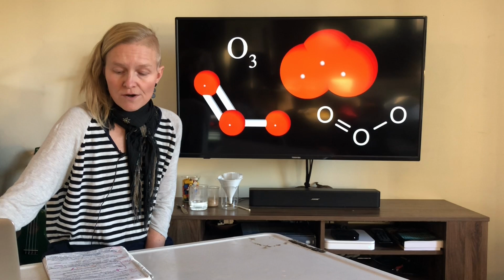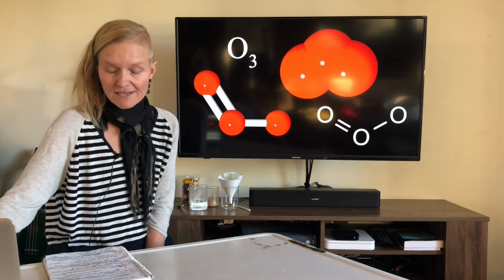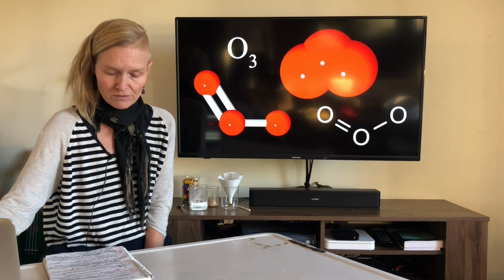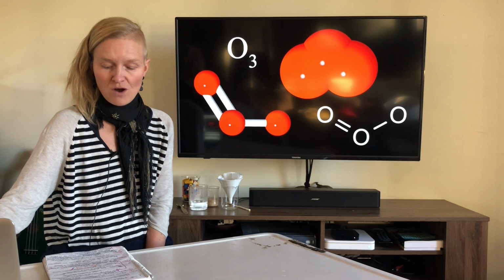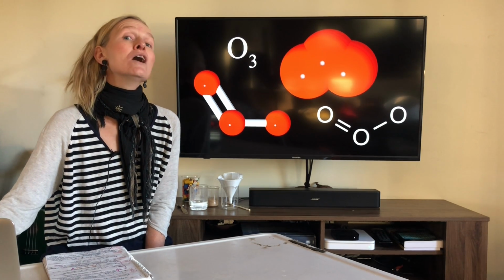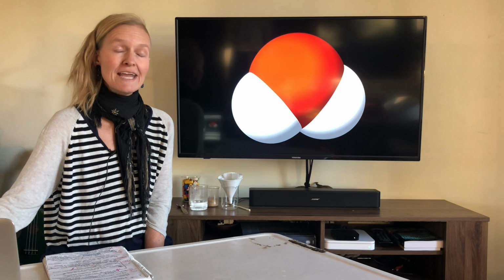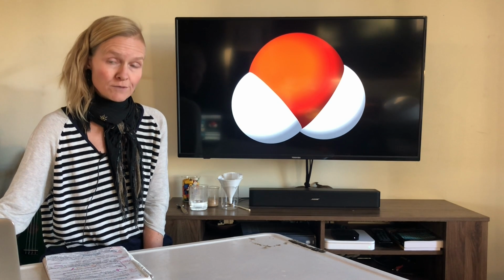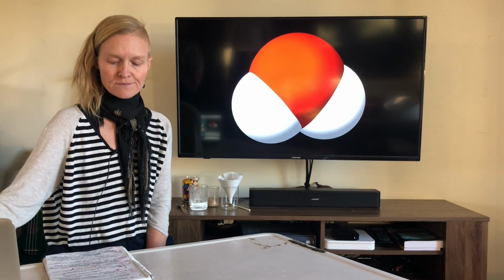So we know that two or more atoms of one element can come together to form a molecule. But atoms of different elements can also come together to form a compound. In this example, we have two hydrogen atoms and one oxygen atom coming together to form an H2O or a water molecule, which obviously we've already talked about.